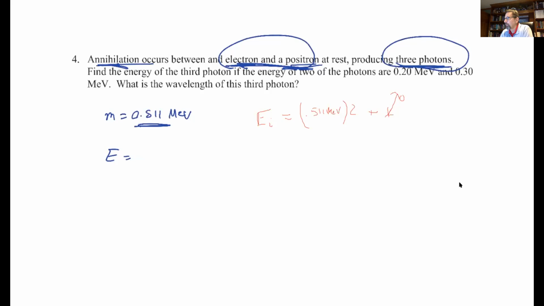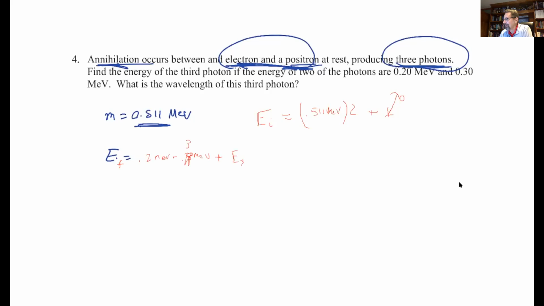The energy afterwards, you're told this, so make this final, that's an F. It's 0.2 MeV plus 0.3 MeV, plus whatever the energy of the third one is, like X or something.